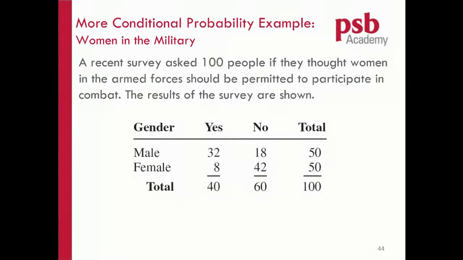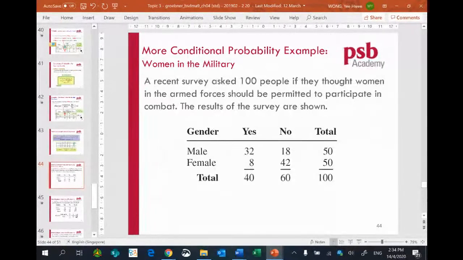More conditional probability. A recent survey asked 100 people if they thought women in the armed forces should be permitted to participate in combat. So this is your data. If I were to pick anyone here, what's the chance I pick someone who is male?